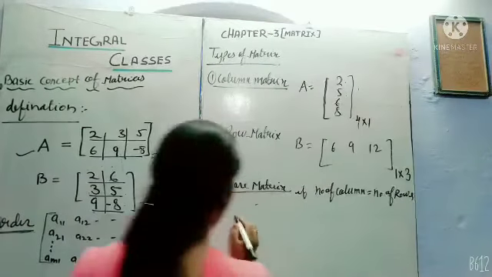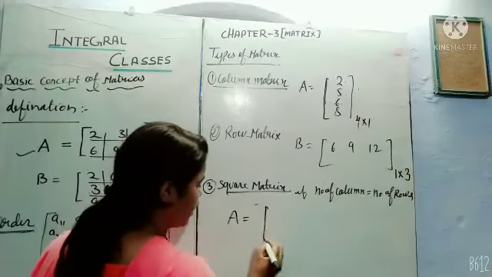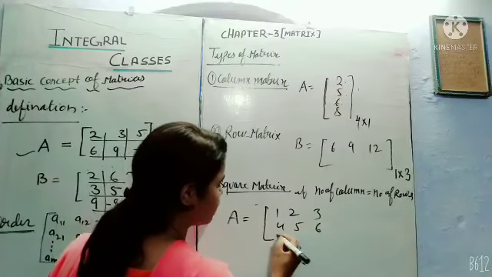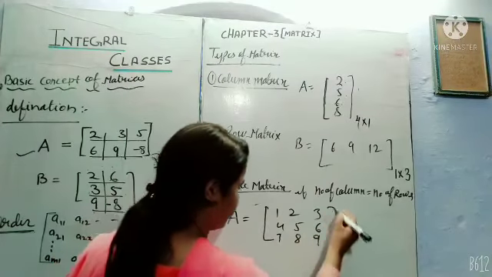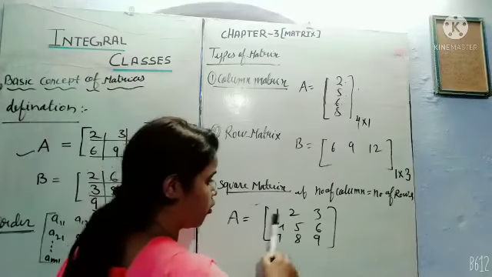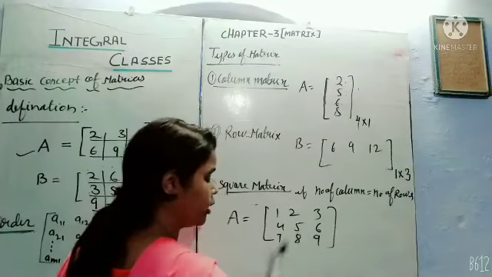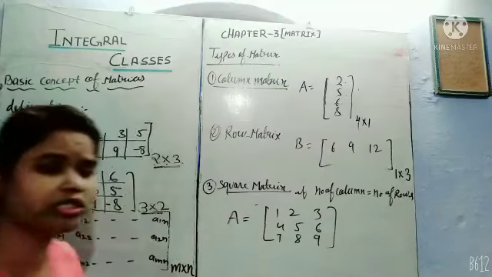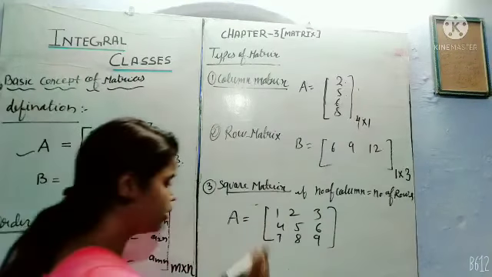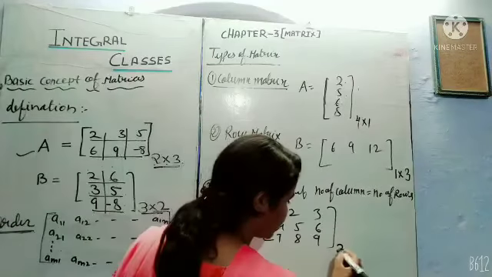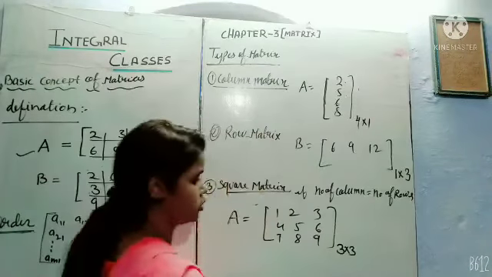Suppose A is a square matrix: 1, 2, 3, 4, 5, 6, 7, 8, 9. This matrix contains 3 rows and 3 columns. So this type of matrix is called a square matrix. The order of this matrix is 3 into 3.